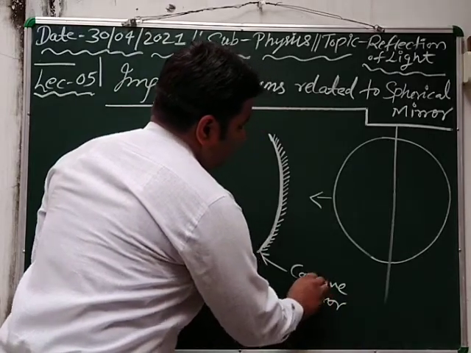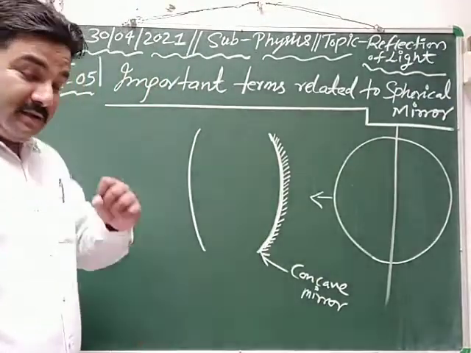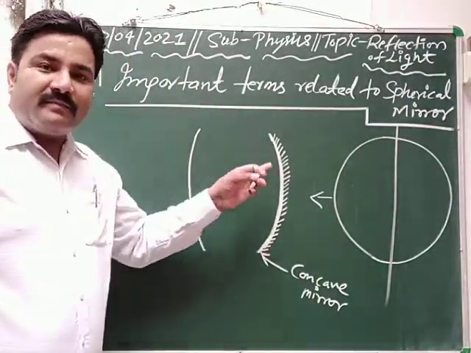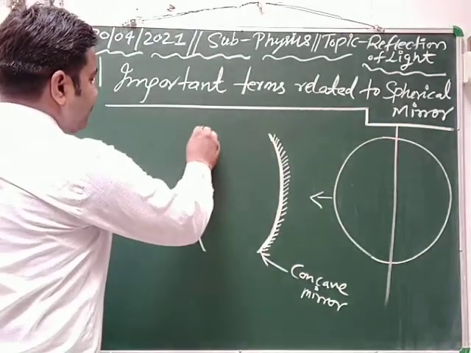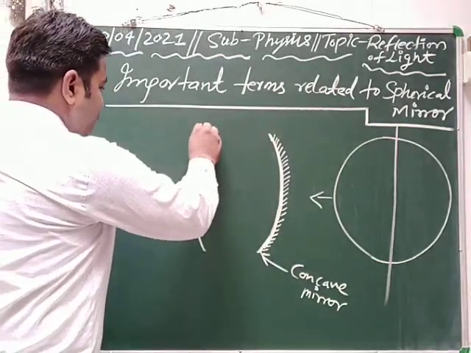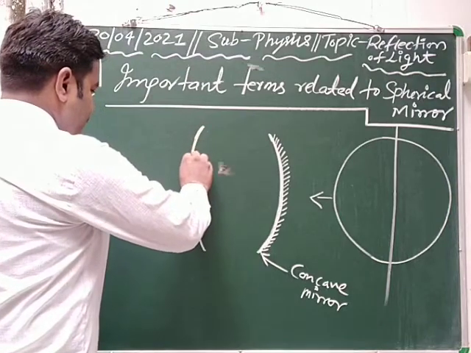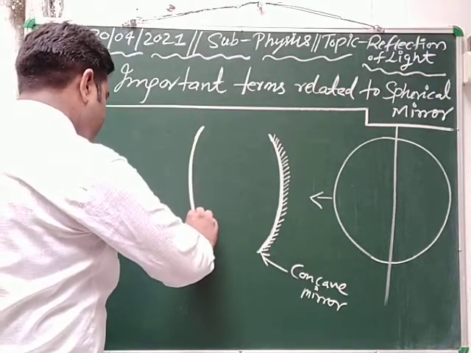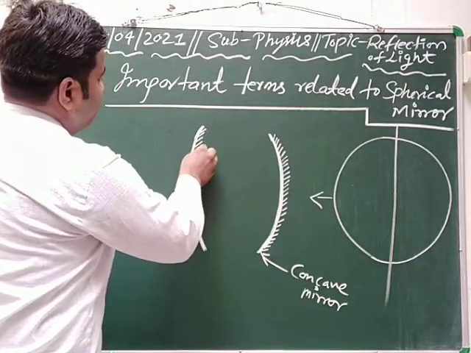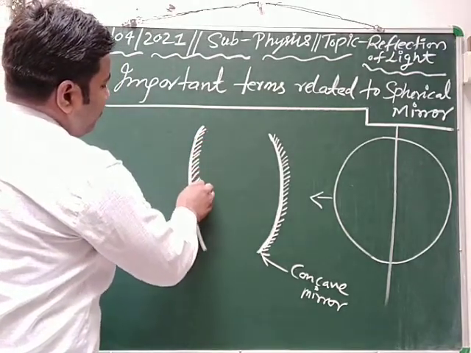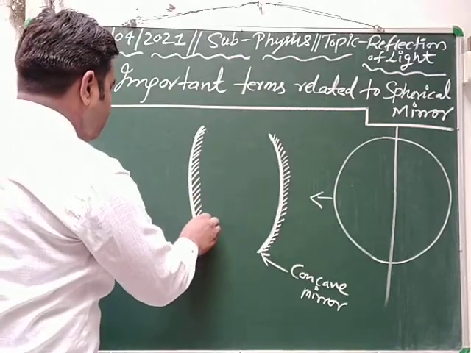Why this one is a concave mirror, I will explain in detail, but just see. And when we paint this inner surface after silver coating, this is the silver coating, and then when we paint in this way, this one becomes what?